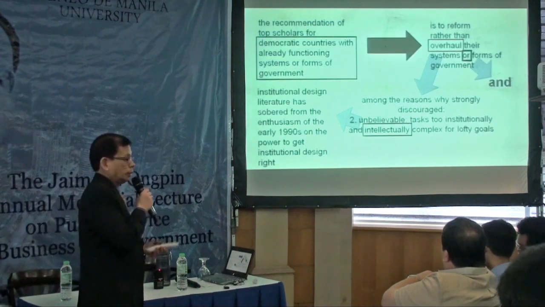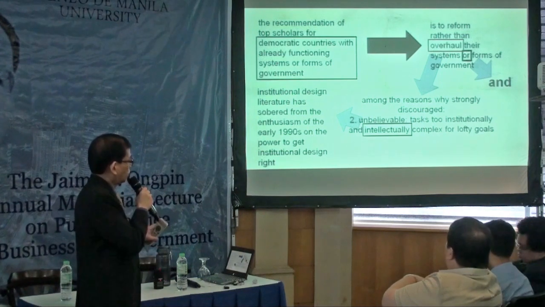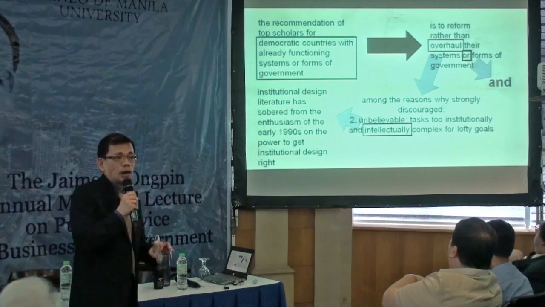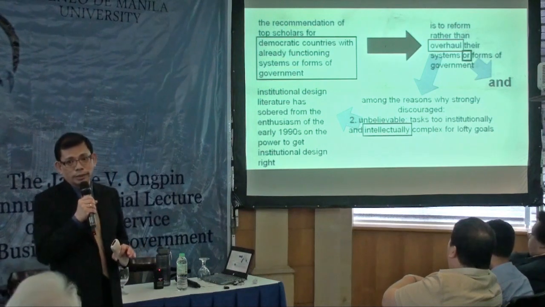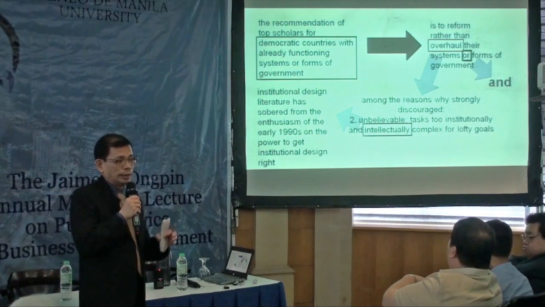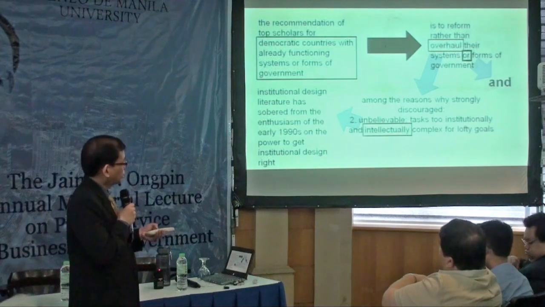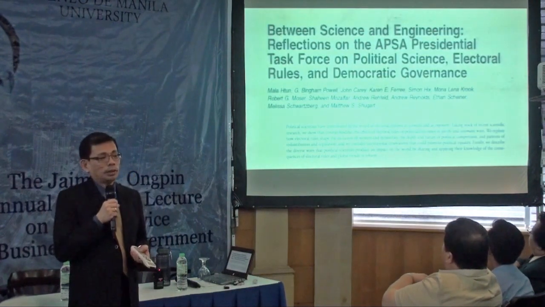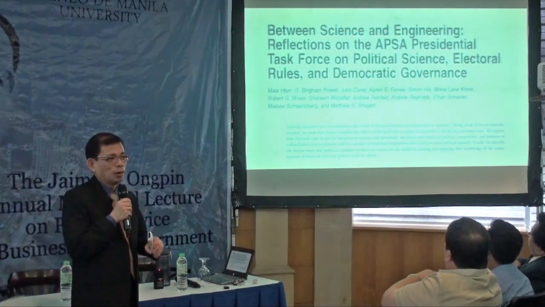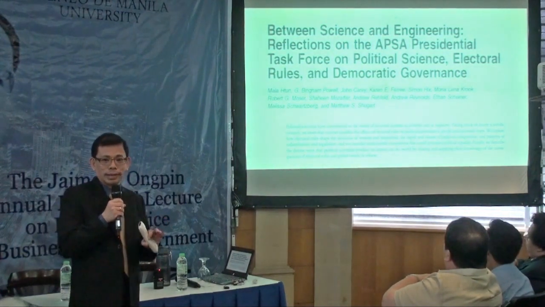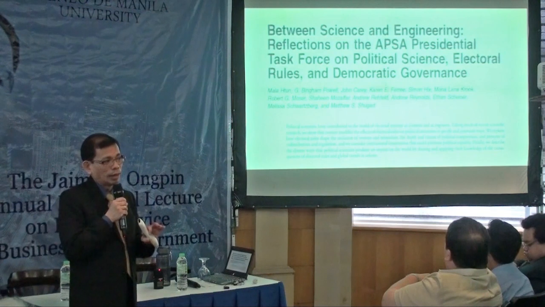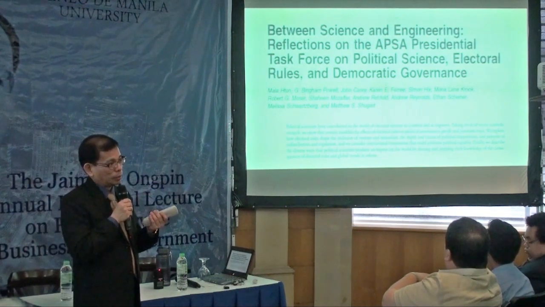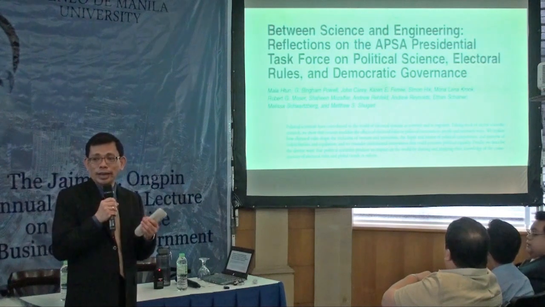The institutional design literature has actually sobered from the enthusiasm of the early 1990s on the power to get institutional design right. And for those interested in institutional design, I strongly recommend that you read this 2013 article, a reflection piece by many top political scientists who have been involved in advising governments in revising just their electoral system.